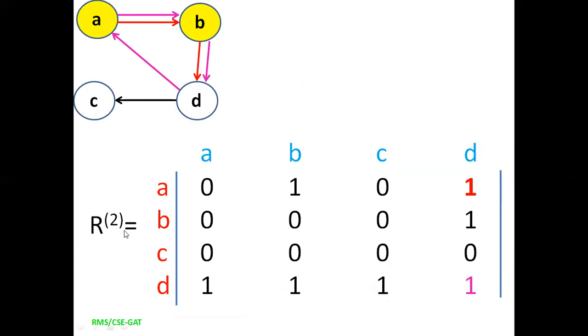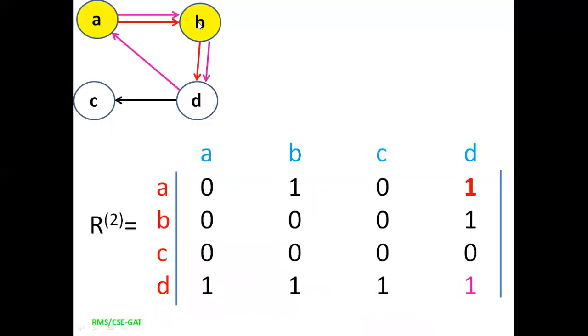Means we got these two ones in this matrix by considering two intermediate vertices A and B. We can just see here A to D. If I want to reach D, I have to take the help of a maximum of two intermediate vertices.